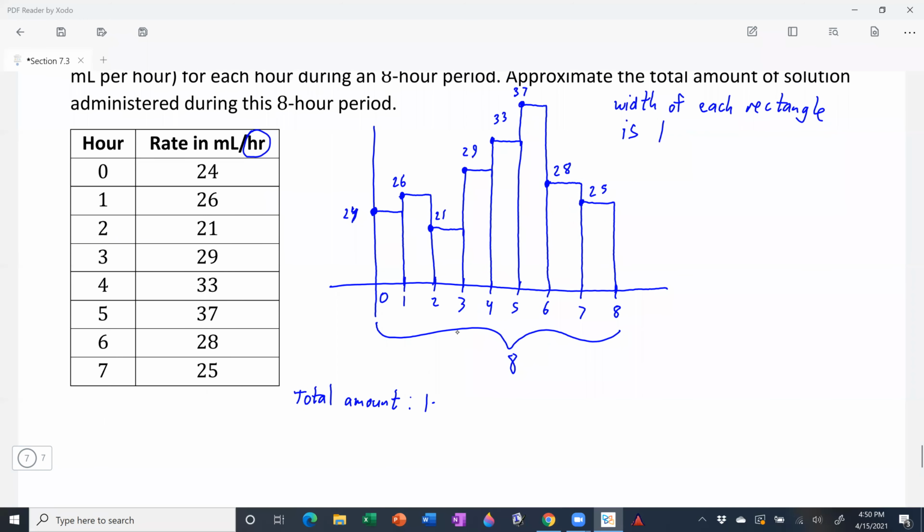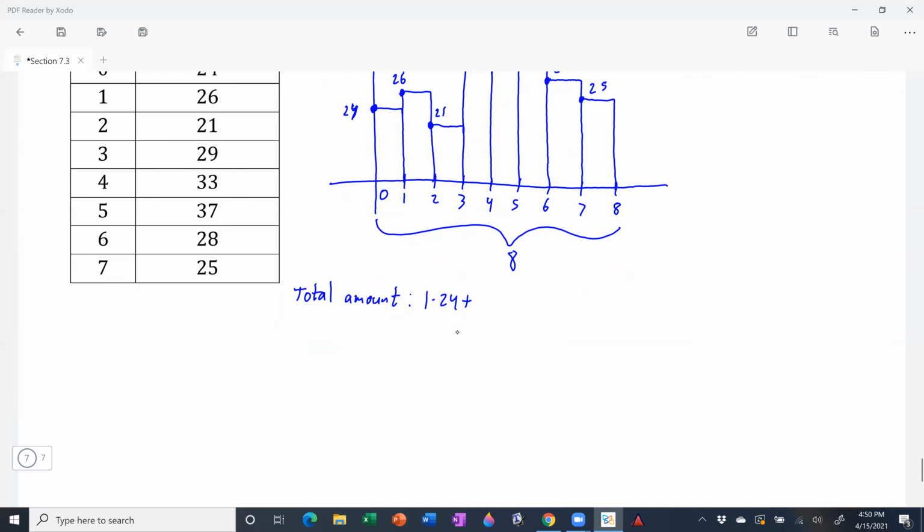All these values from the table: 1 times 24 plus 1 times 26 plus 1 times 21 plus 1 times 29 plus 1 times 33. All of these different rectangles, and it's just a times 1 each time.